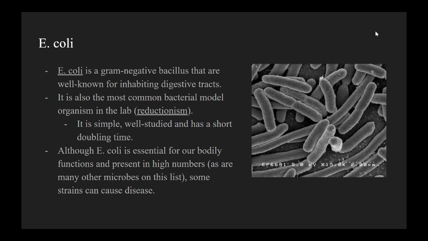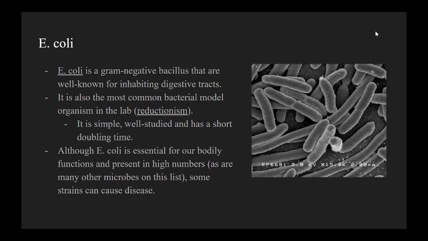So first, E. coli, of course, you've heard of this one. It's gram negative. It's a bacillus. If you don't remember what those are, I'm hoping that you go review those terms. They're well known for being enteric bacteria, or bacteria that are in our digestive system. They're also the most common model organism in the lab.